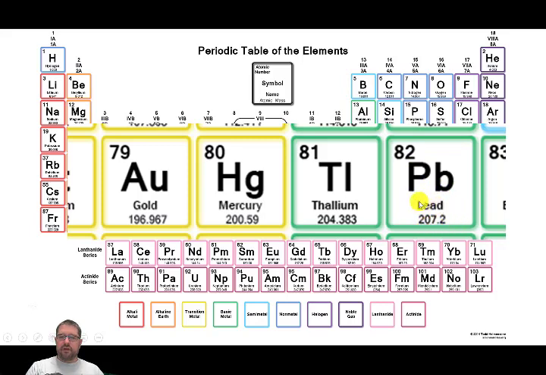So you can see that the atomic mass of lead is 207.2. We don't need to ignore the 0.2, but for this demonstration, we're just not going to talk about it. Okay, so if you take 82 from 207, you have 125. That means you have 125 neutrons in the nucleus.